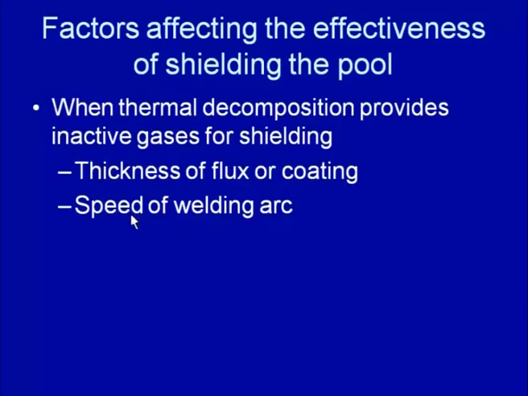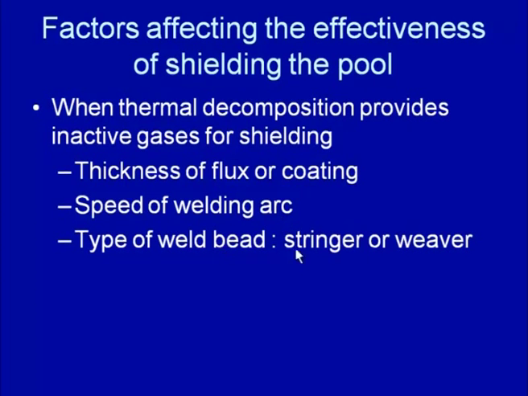Another factor that can affect the effectiveness of this approach of shielding is the welding speed. If the arc is moved slowly, then the gaseous environment around the arc will not be disturbed much, while welding at high speed increases the relative speed between the arc and the atmospheric gases all around it, which in turn decreases the effectiveness of the shielding by this method. So, low welding speed helps to provide better shielding than high speed.